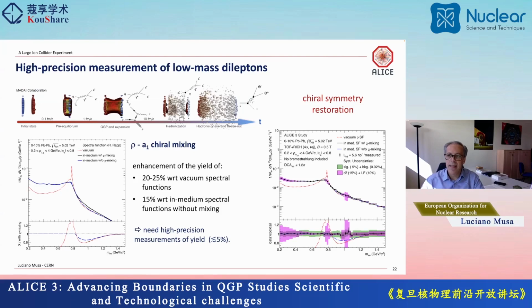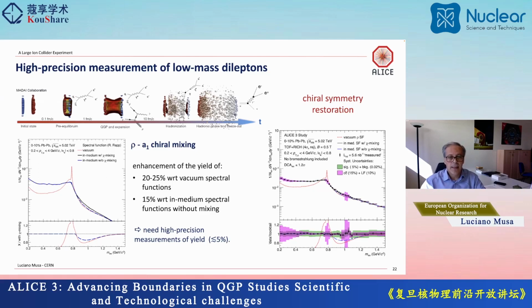I've mentioned already how important it is for both low-mass dileptons and multi-charm hadrons to have very high precision in the measurement of particles at low pT and in the measurement of the impact parameter of these particles. And in order to achieve the required precision, we aim at building a detector with a very large rapidity coverage. Why? This is particularly important for the D-Dbar correlations. A very large acceptance is extremely important.